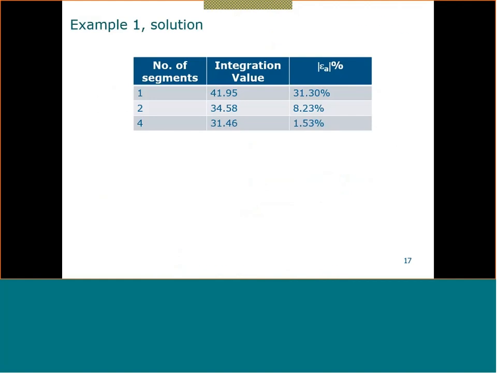Now this is the summary, when n equal to 1, n equal to 2, n equal to 4. So this is the integration value, and we calculate the absolute relative error. This is the actual value when you do the integration.